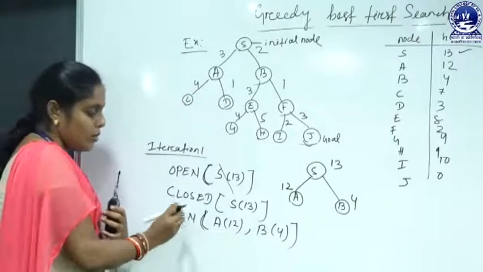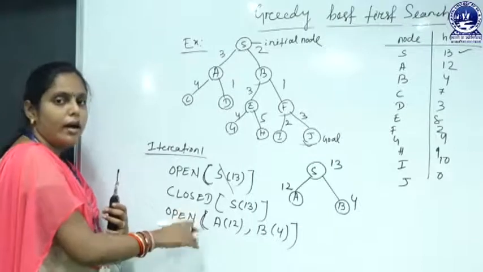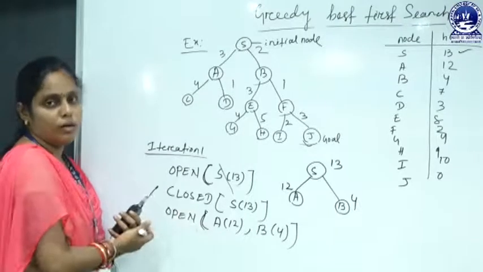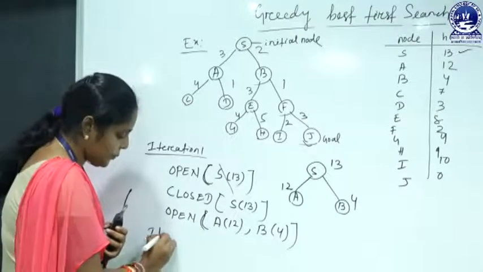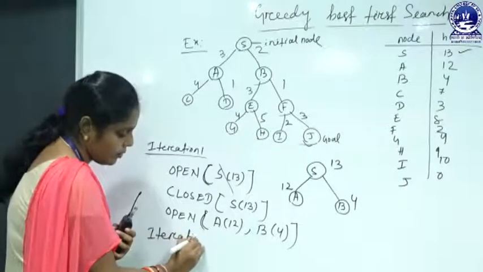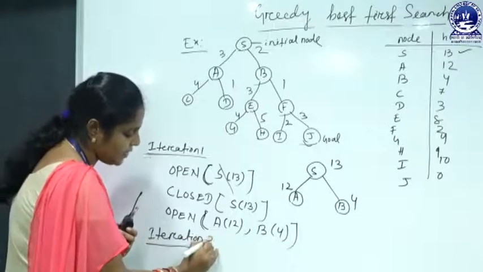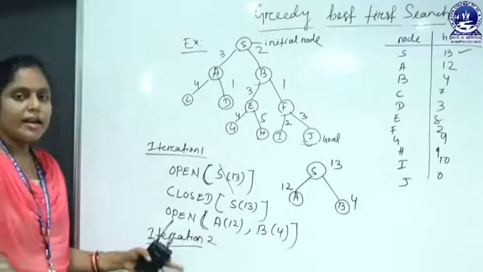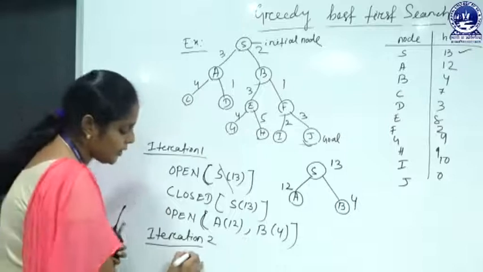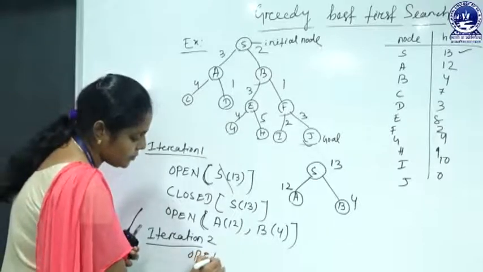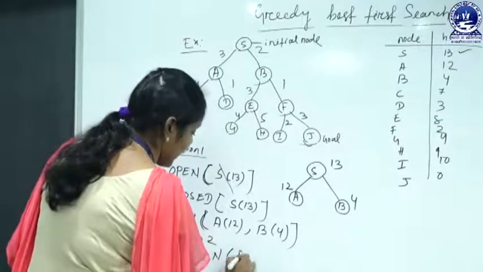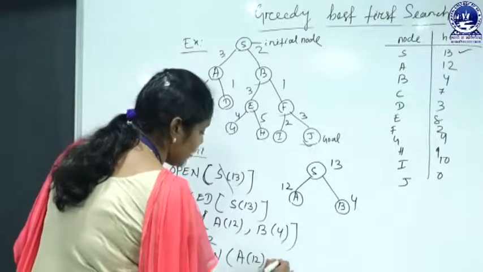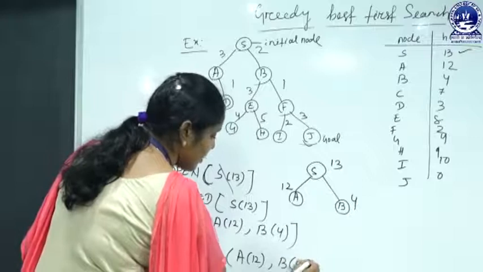Here at this point the iteration goes to one loop. That means here in your second iteration, that is iteration 2, our open list contains the node A which heuristic value is 12, then B which heuristic value is 4.